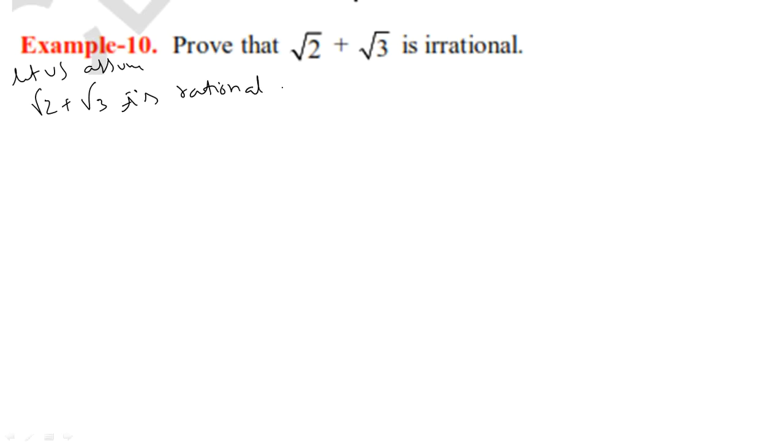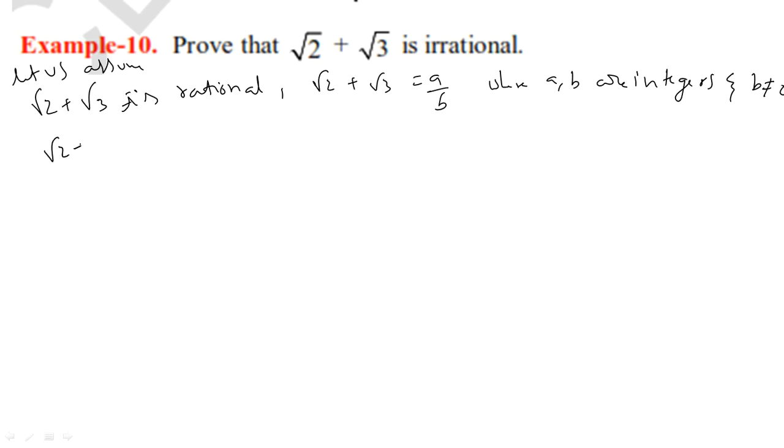So, if root 2 plus root 3 is rational, then root 2 plus root 3 is equal to a by b, where a, b are integers and b should not be equal to 0. So, root 2 plus root 3 is equal to a by b. Now, what are we going to do? Now, root 2 is equal to a by b minus root 3.